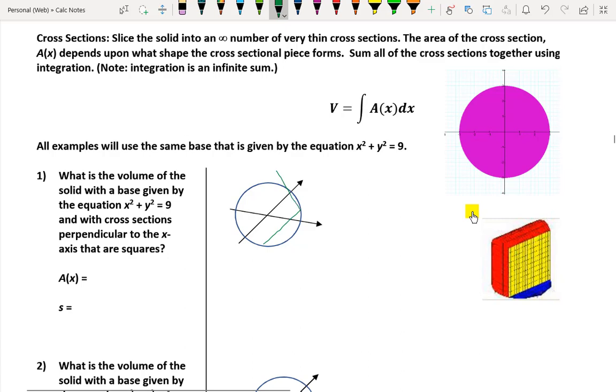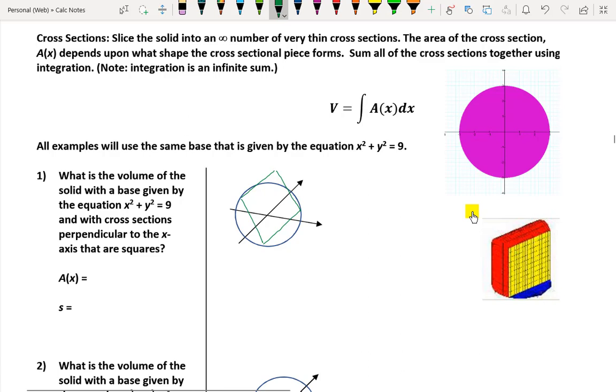A square would look something along these lines, and that square would be sitting perpendicular to the base, just like it does on the right hand side of our picture here. What we want to figure out is the area of that square.